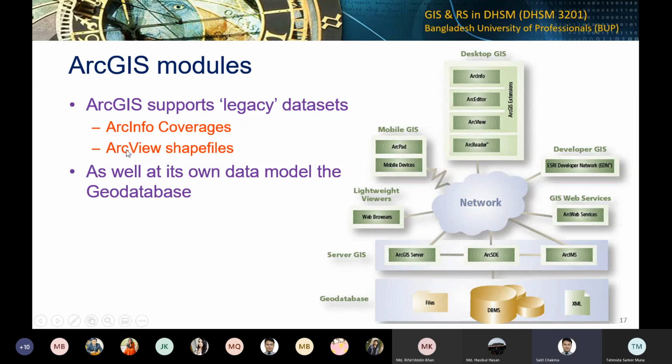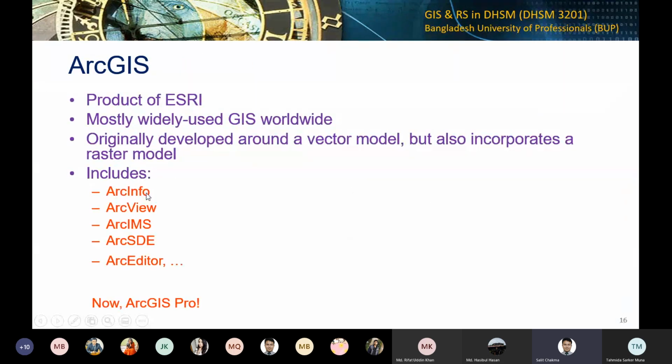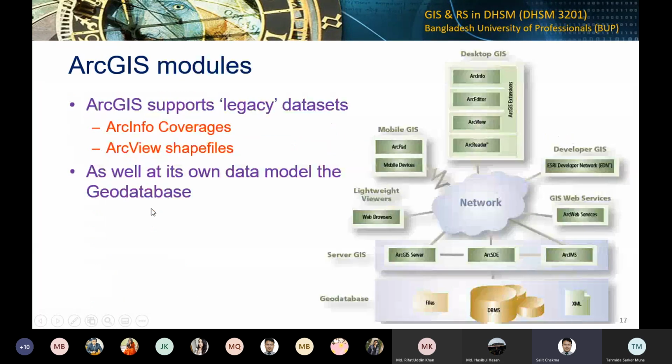On the other hand, ArcInfo was the first software, then they invented ArcView. From the second software, ArcView, they started introducing shapefiles. The shapefile is not topology based. What is topology? We will study it in coming lectures.